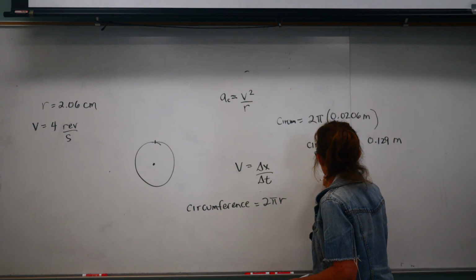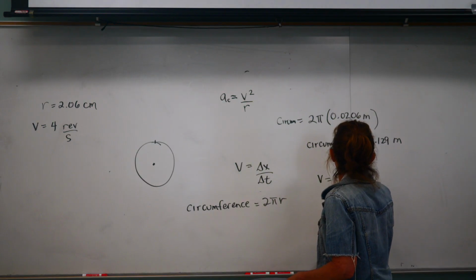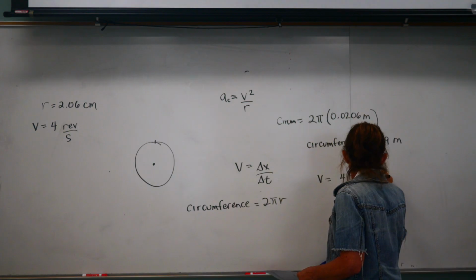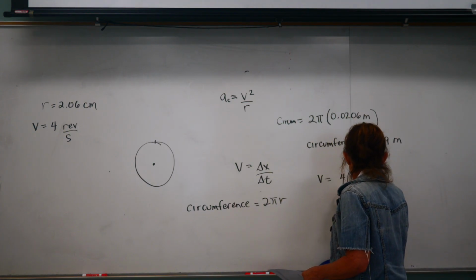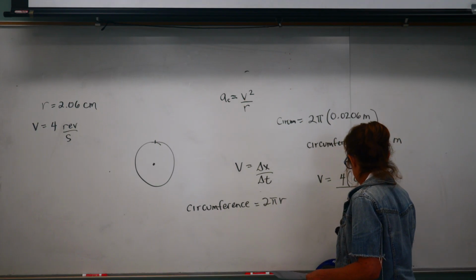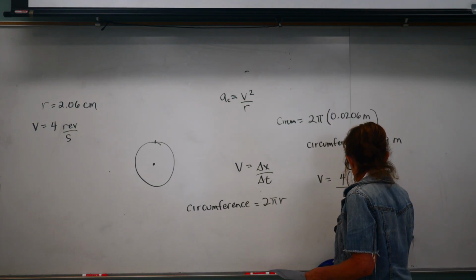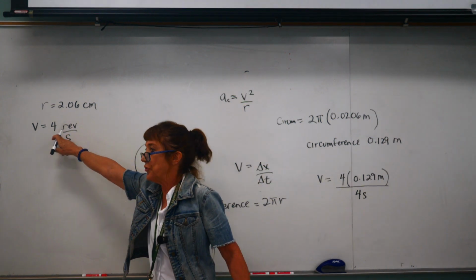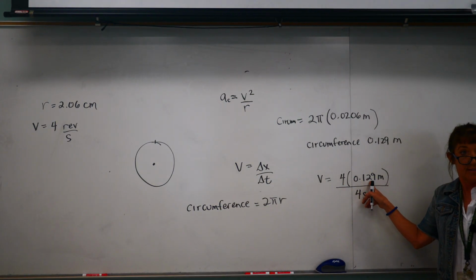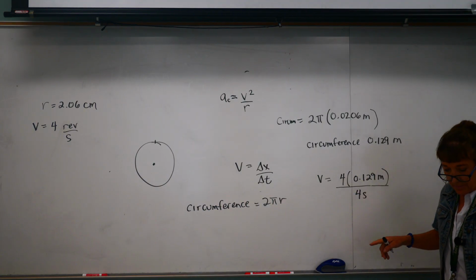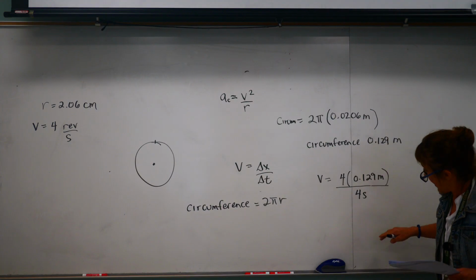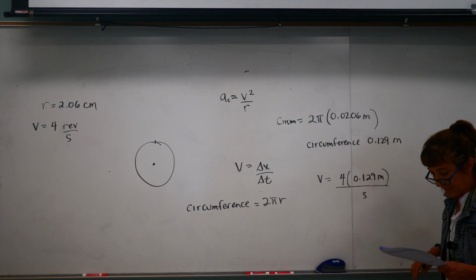So v equals 4 times 0.129 meters, divided by... it's making 4 revolutions per second, so it's doing 4 circumferences. This is not 4 seconds, that's just 1 second.